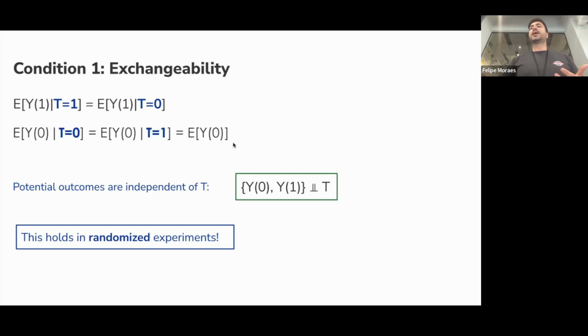These equations might be a little confusing, but what this also means is that the potential outcomes that we're going to observe are independent of the treatment that you're going to give. So if I swap these two groups, they're going to be the same. This is what happens in A/B testing.